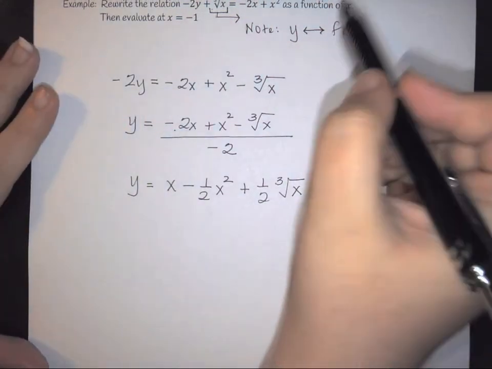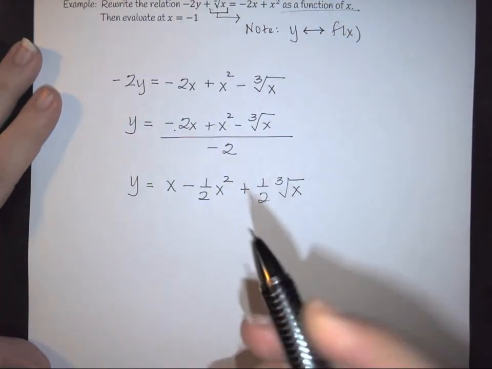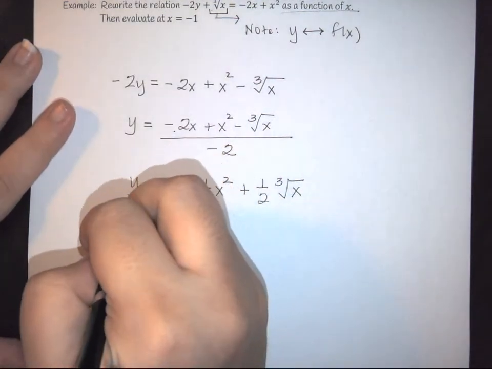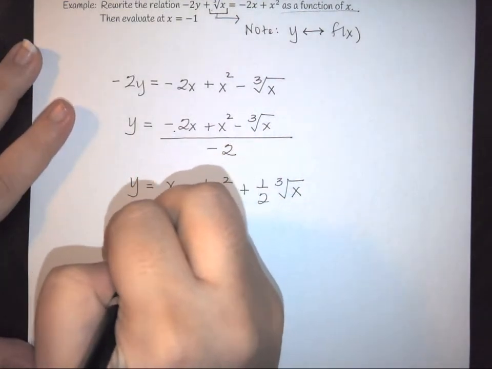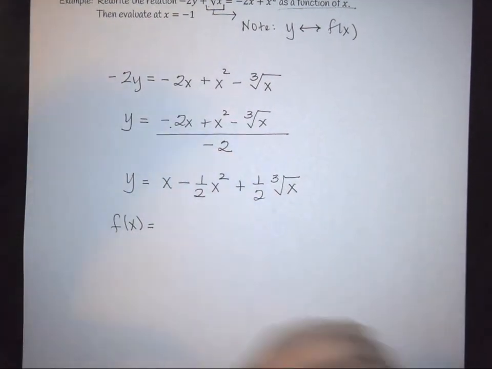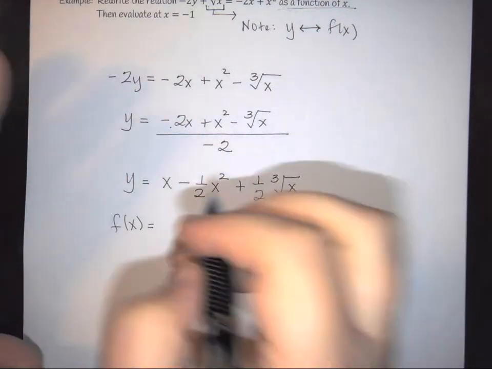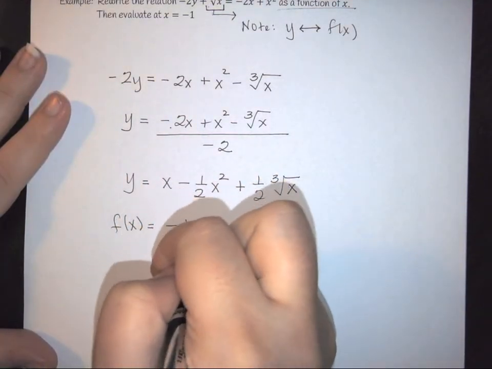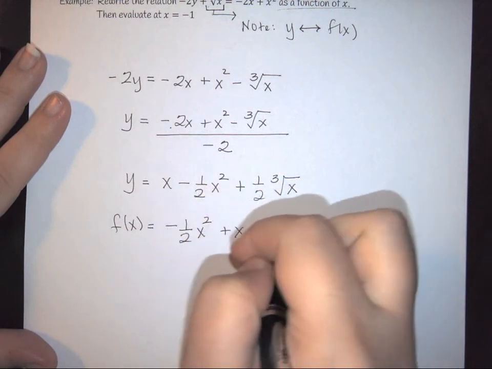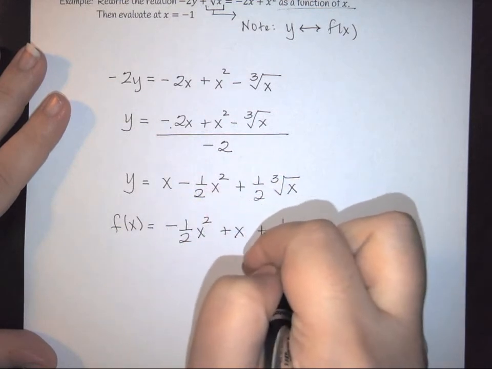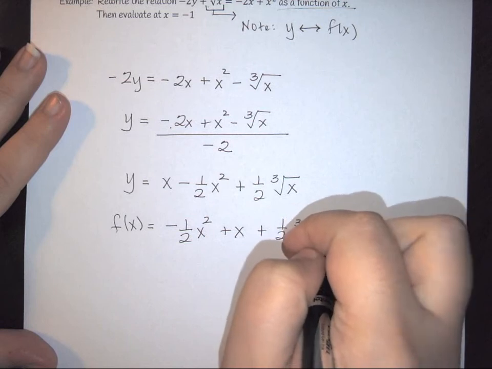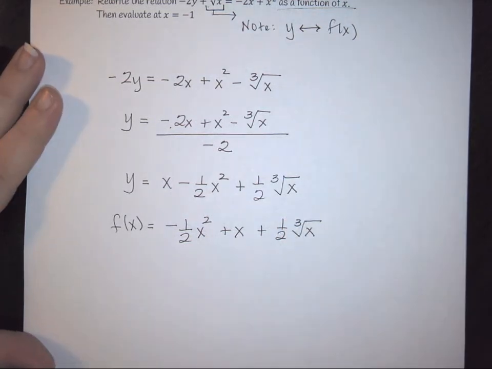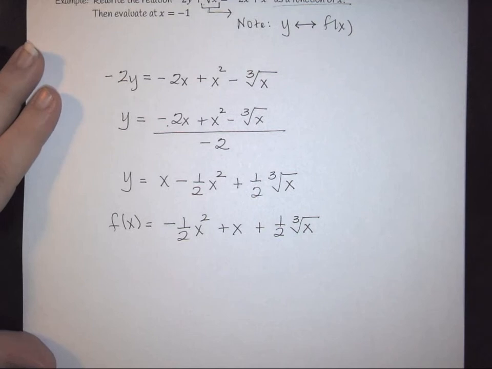And since the problem wants you to write it as a function of x, the very last thing you have to do is rewrite that this is f of x is equal to, and you can rearrange the equation however you like. I would rewrite it to say negative 1/2 x squared plus my x plus my 1/2 cubed root of x. Once you've done that, we can do the second part.